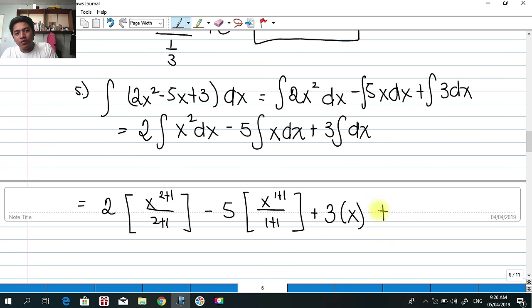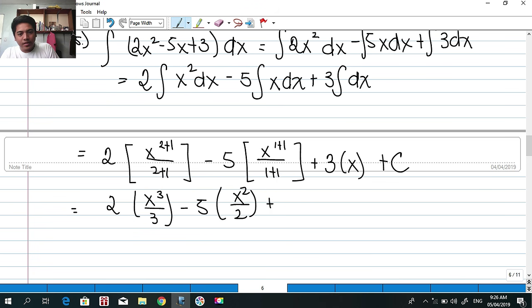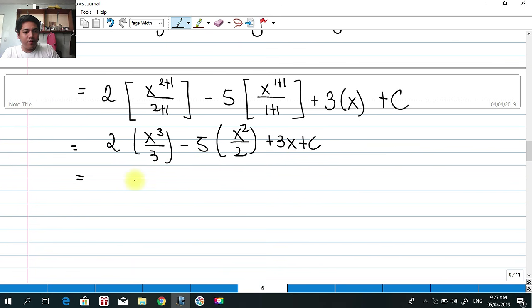And we don't forget to write plus c at the end. So we have here 2 times x cubed over 3 minus 5 times x squared over 2 plus 3x plus c. So simplifying, we have now 2 thirds x cubed minus 5 halves x squared plus 3x plus c.